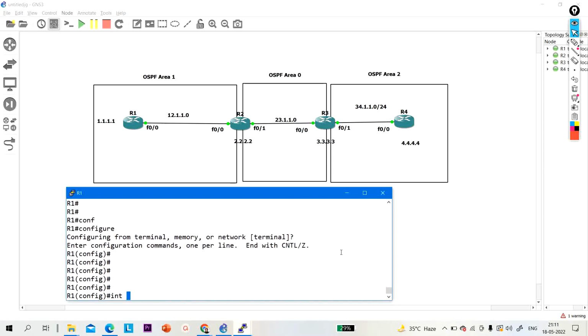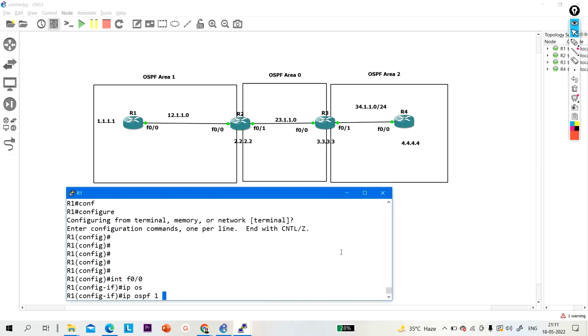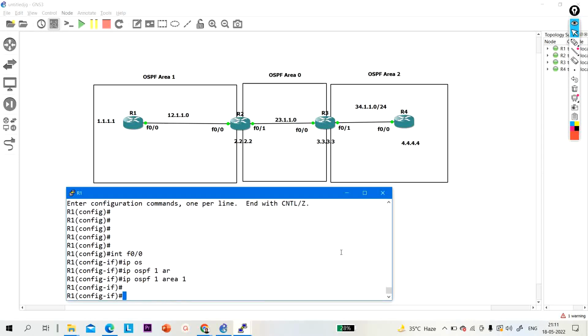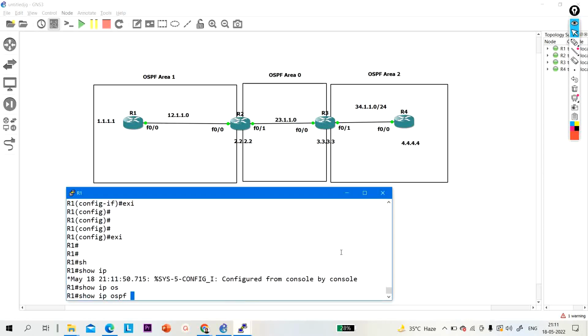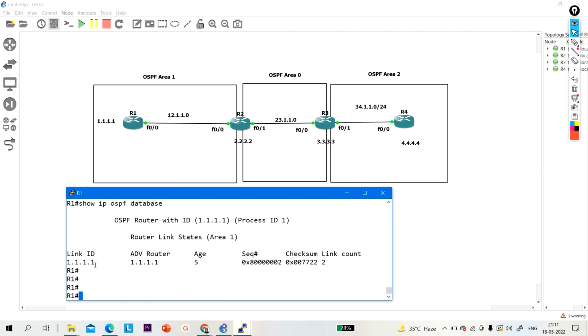So go to interface FastEthernet 0/0, and ip ospf process ID 1 and area 1, right? So in the ip ospf database you can see there are two links, right?